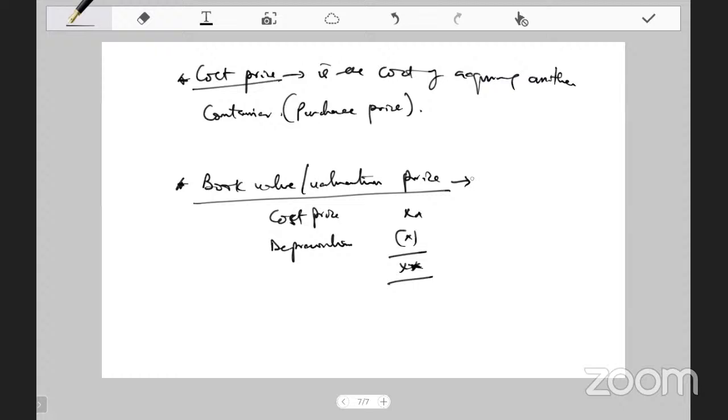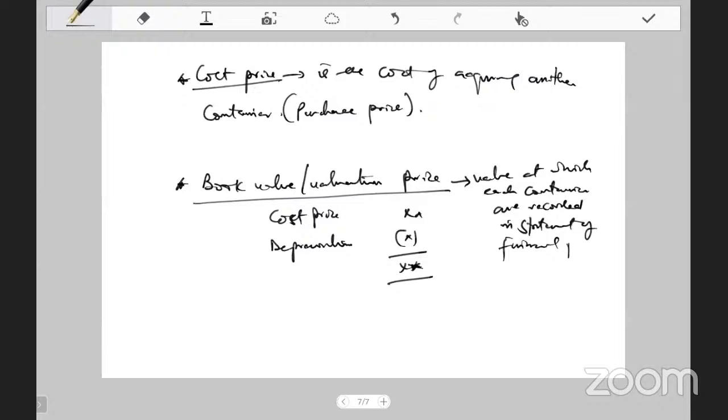So we are talking about the book value, or valuation price, or you call it the stock taking price, as the value at which each container is recorded in the statement of financial position, which alternatively is formally called balance sheet. So we got that. We'll move to the next terms.